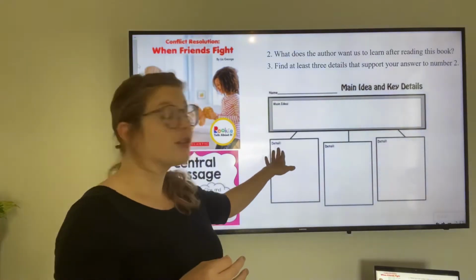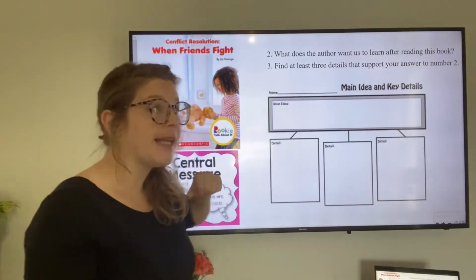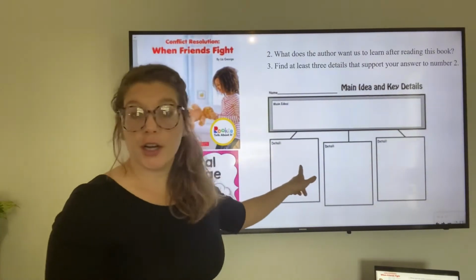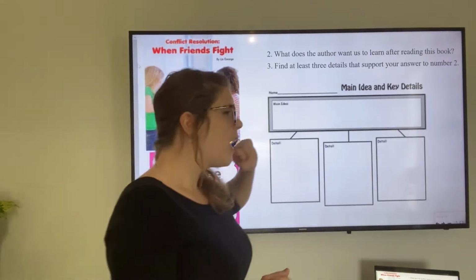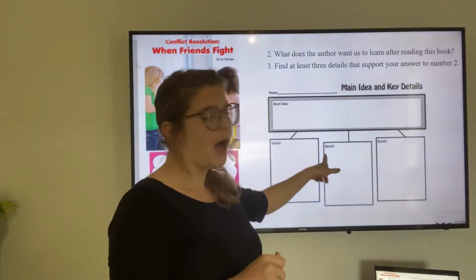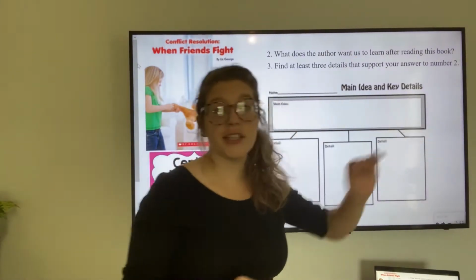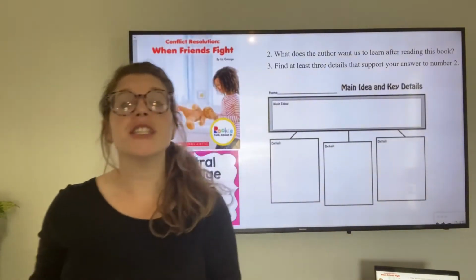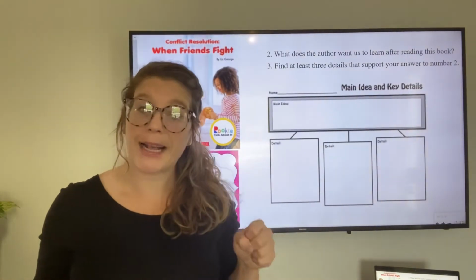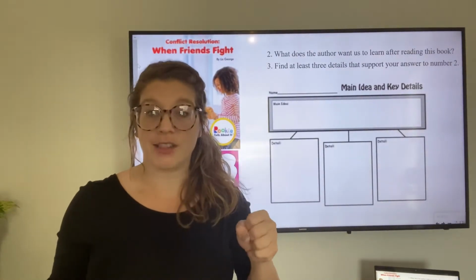And the examples or the details you could put was Noah started a coat drive, or I can't remember the little boy's name, but he walked his neighbor's dog, or you can volunteer to pick up trash. Those are details that were pulled directly from the text, okay?